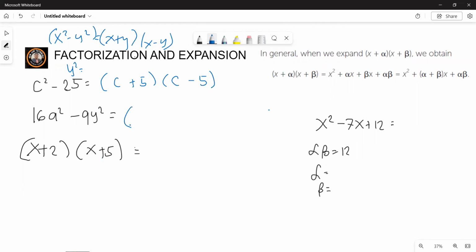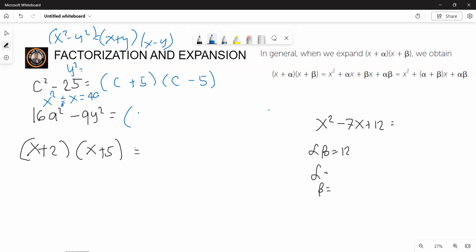Here you have 16a squared. This is actually x squared. So your x here is equal to 4a. Why 4a? You have 4 squared is equal to 16, and then you have a squared.